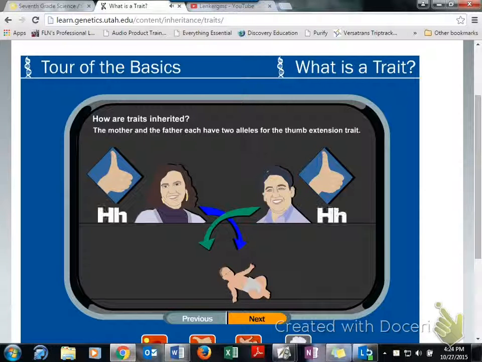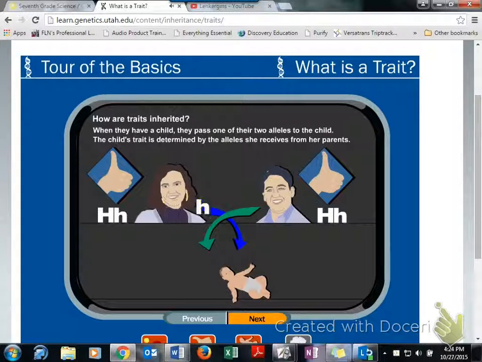The mother and the father, shown here, each have two alleles for the thumb extension trait. When they have a child, they pass one of their two alleles to the child. The child's trait is determined by the alleles she receives from her parents.